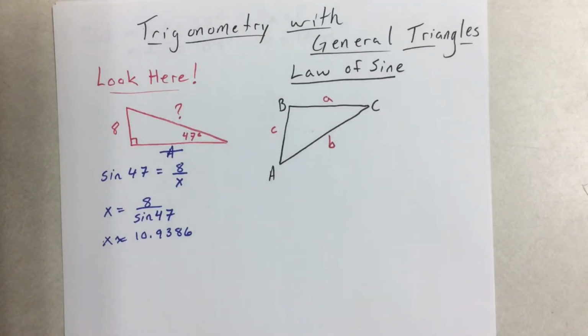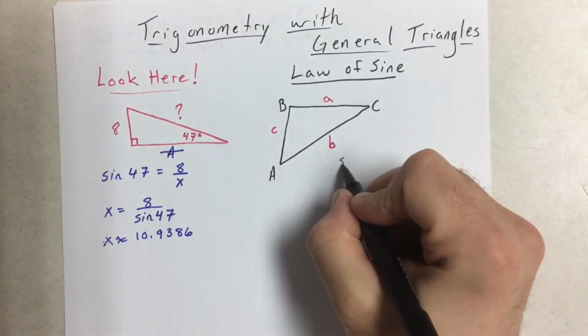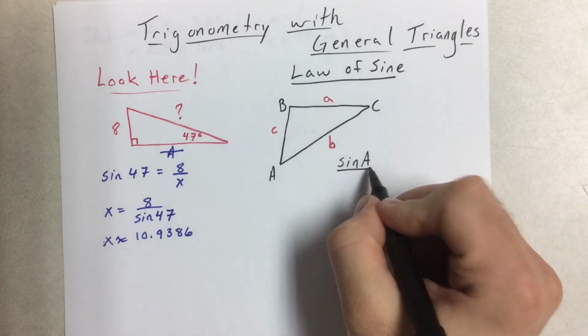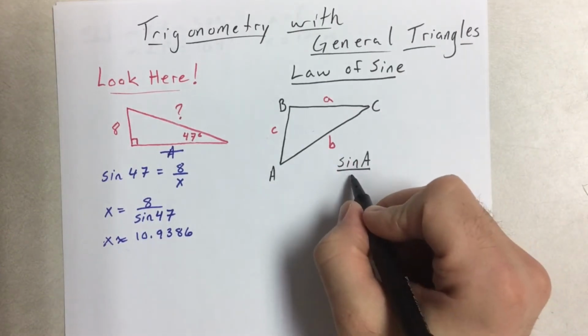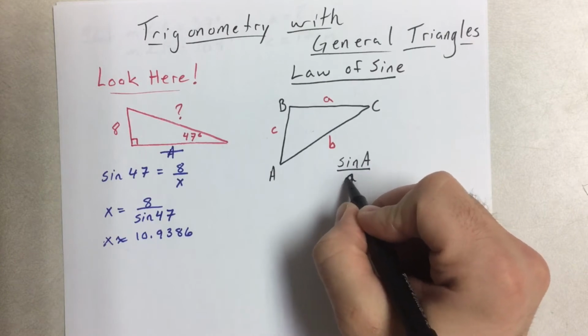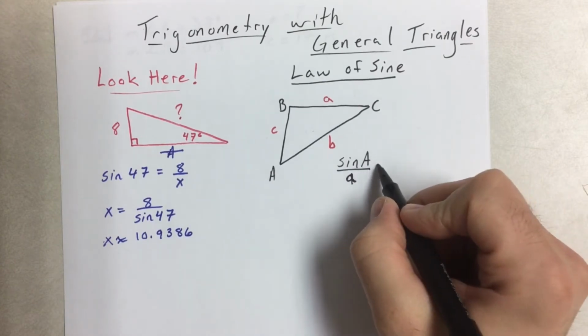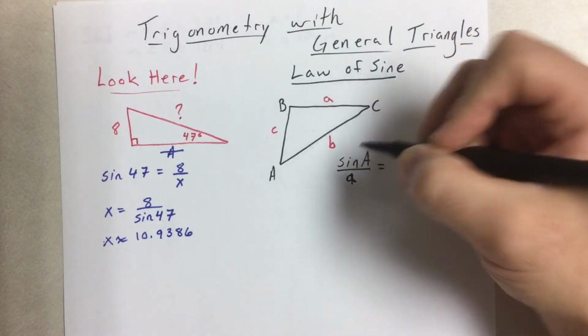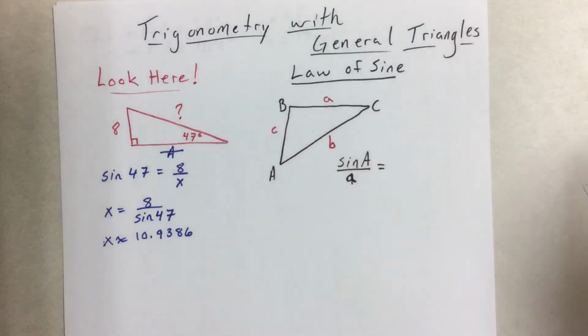So the law of sine states that if we take the sine of an angle and divide it by its corresponding side, so this would be A, the decimal value that we get here is equal to each of the other ratios.